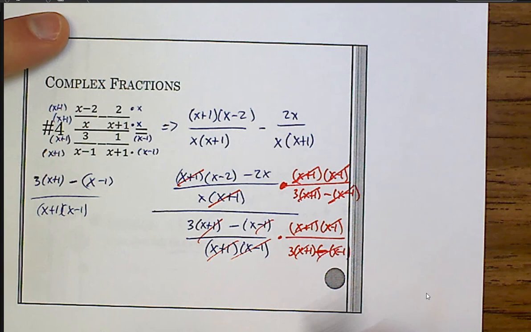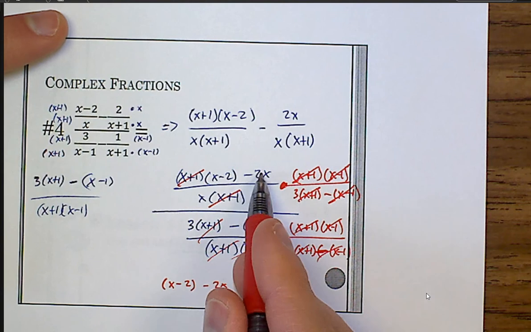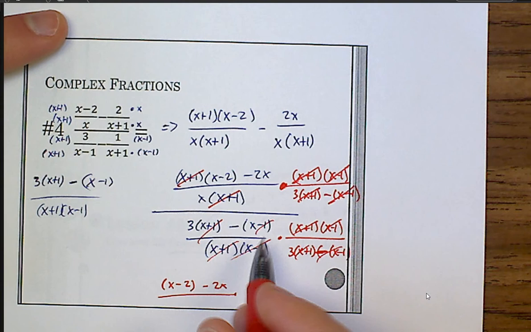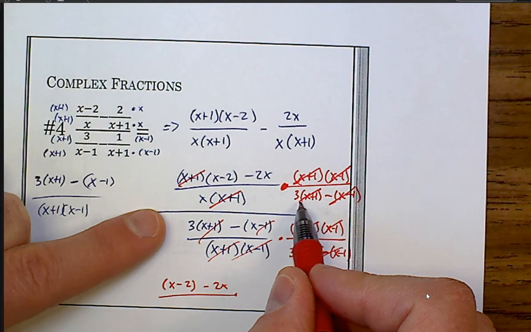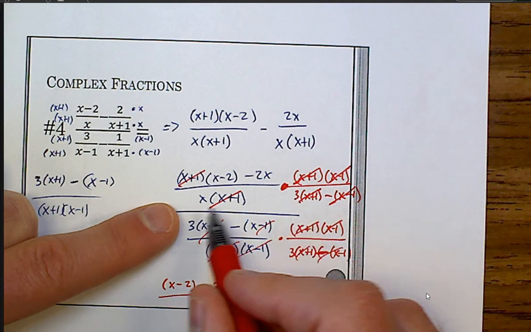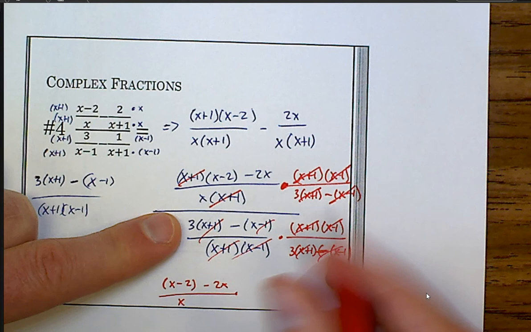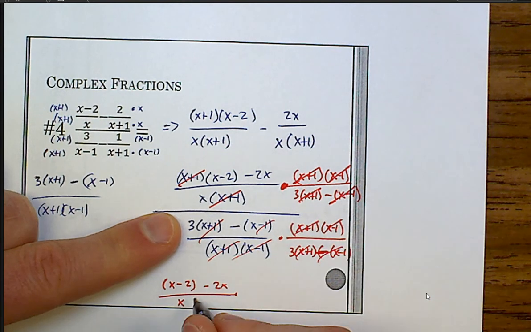So what I have left is an x minus 2 minus 2x on the top, divided by, on the bottom, I have an x and I have a 3. This is really a negative 1, so I really have 3 minus 1, which is 2. So I really just have a 2 there.